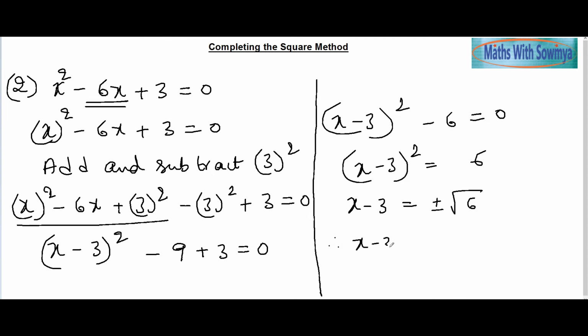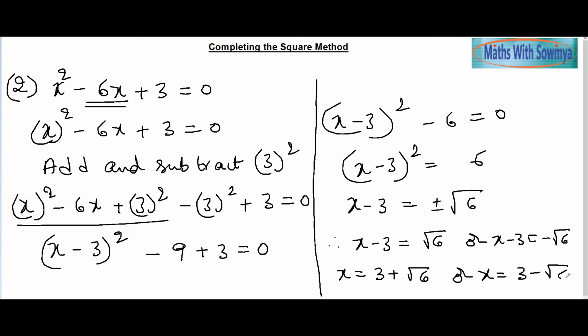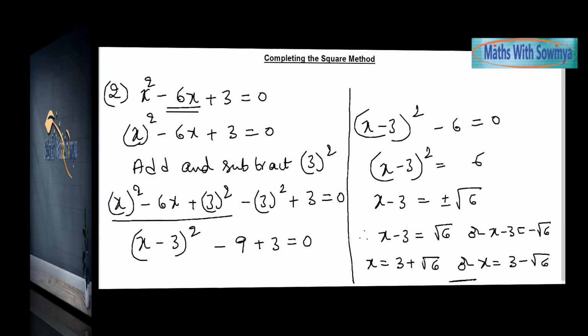Therefore, x minus 3 is equal to either plus root 6 or x minus 3 is equal to minus root 6. Therefore, x is 3 plus root 6 or x is equal to 3 minus root 6, the two roots. What we are getting for this?